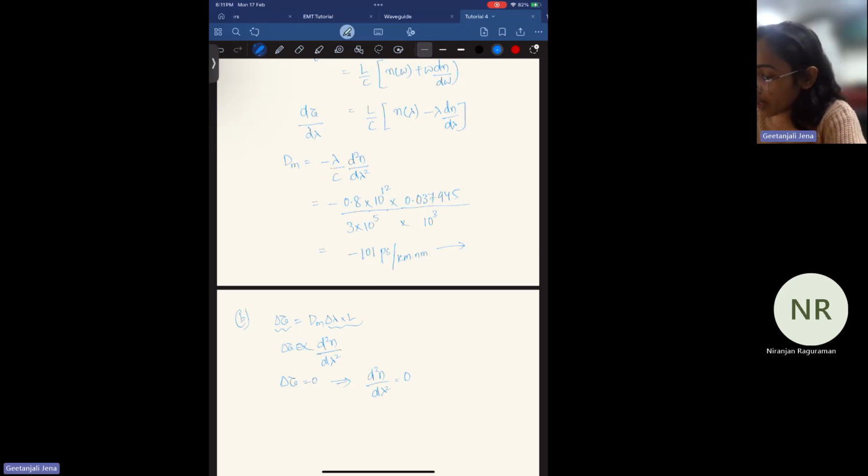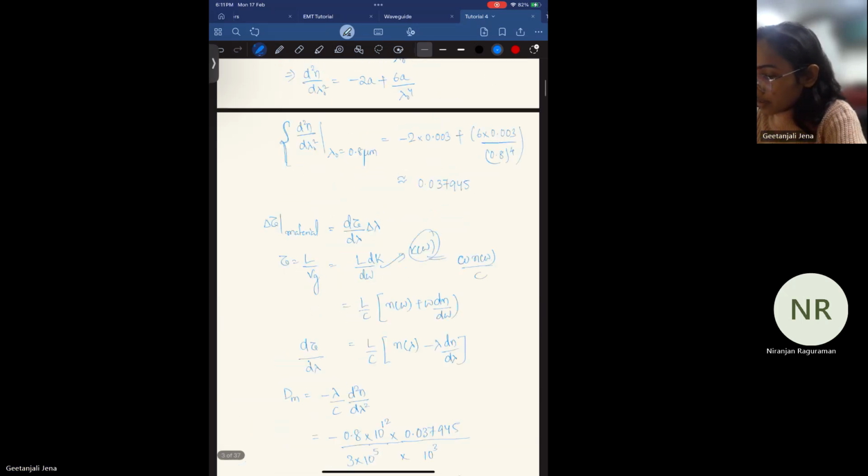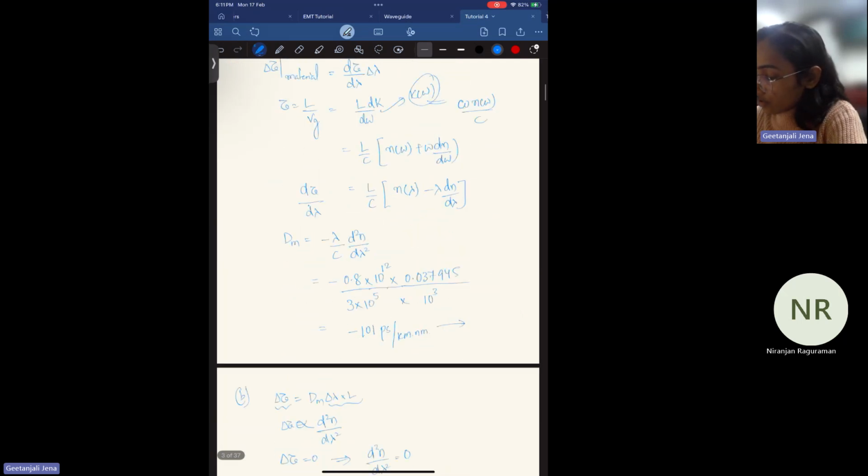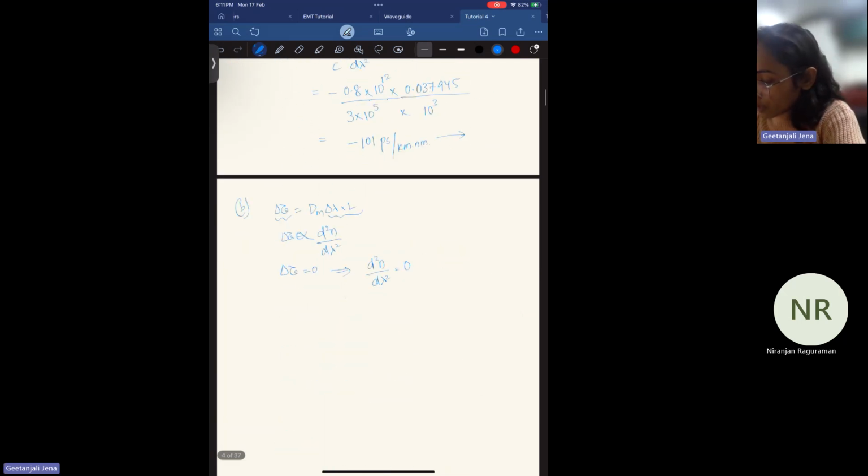So we have already calculated the second order derivative. It is minus 2a plus 6a by lambda 0 to the power 4. So let us set minus 2a plus 6a by lambda 0 to the power 4 equal to 0.